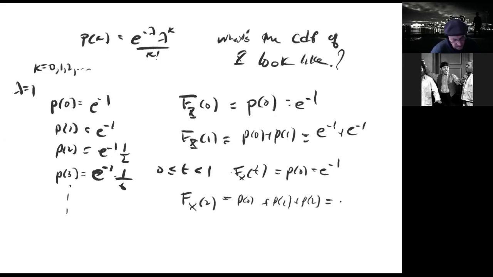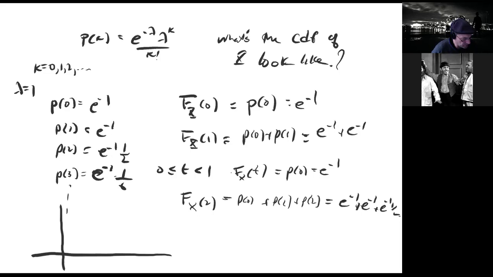We get e to the minus 1 plus e to the minus 1 plus e to the minus 1 times a half. And for a number less than 2 but greater than or equal to 1, you get back f sub x of 1.